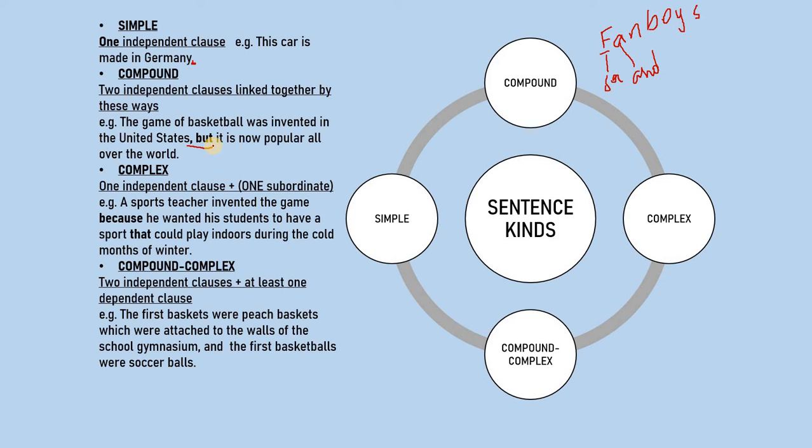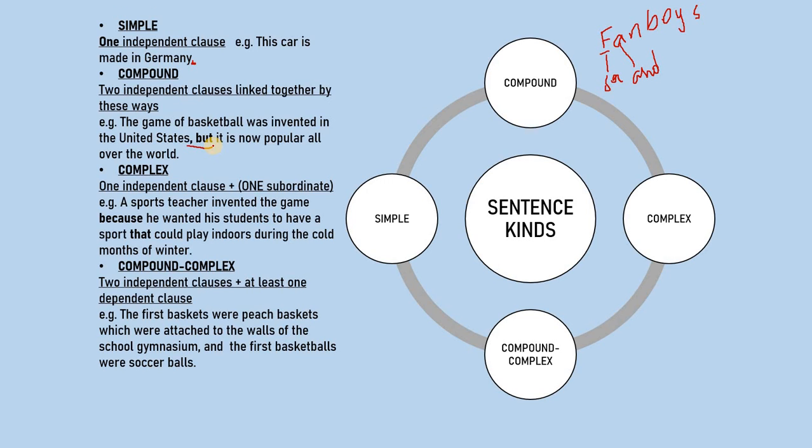Complex. Normally in the complex sentence we have either a relative pronoun or adverb, or subordinating clauses. In the complex sentence we should have one main clause, or one independent clause, plus at least one subordinate clause or more.